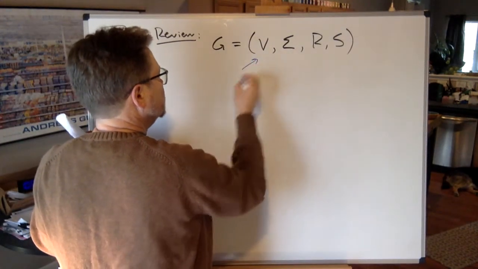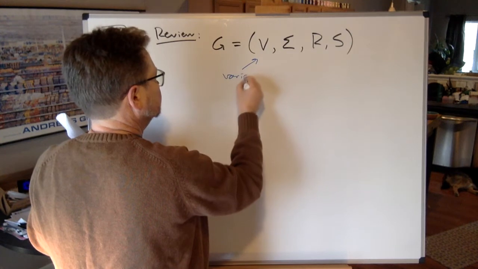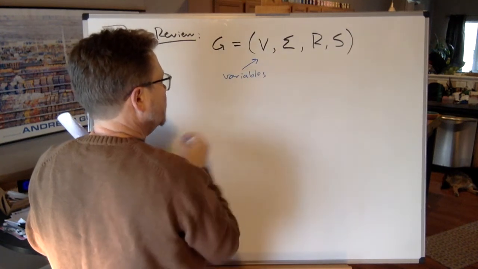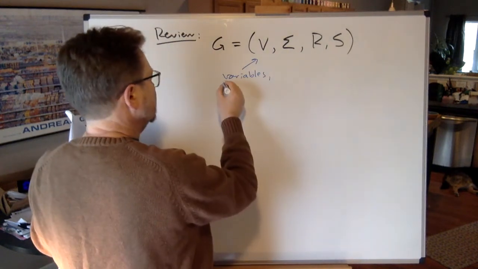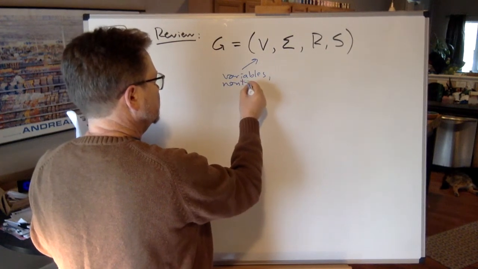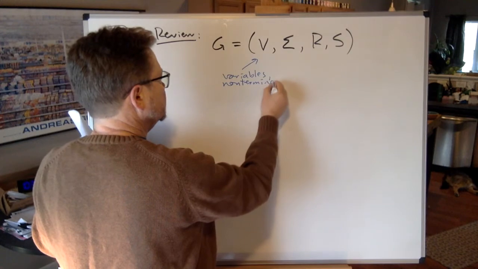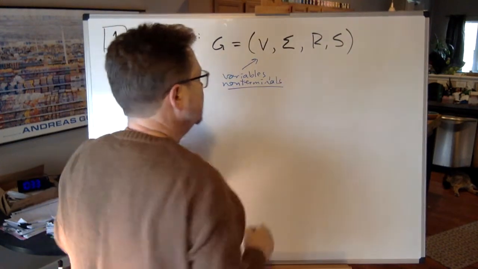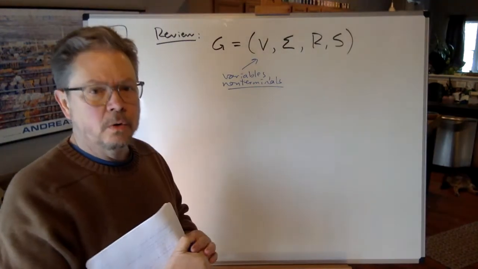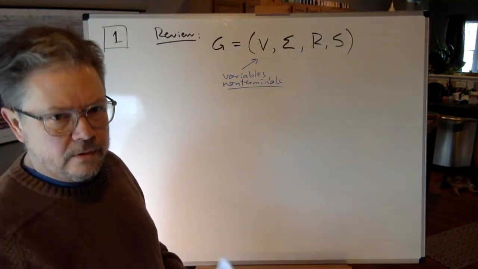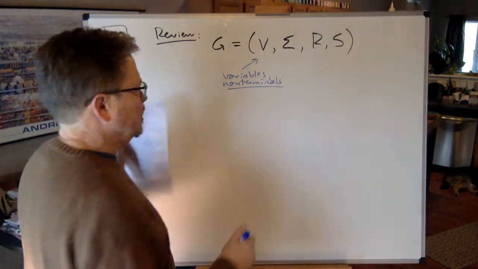V stands for variables, which, if you recall, I don't like calling variables. I'm used to calling them non-terminals, so that's what I'll go with. Non-terminals are individual symbols that have to be replaced eventually, or we do not have an official string of the language that's generated by this grammar.